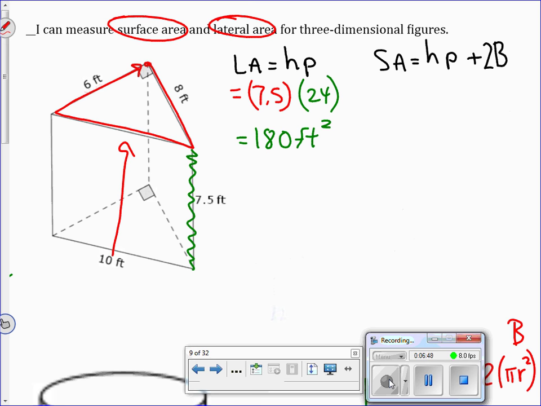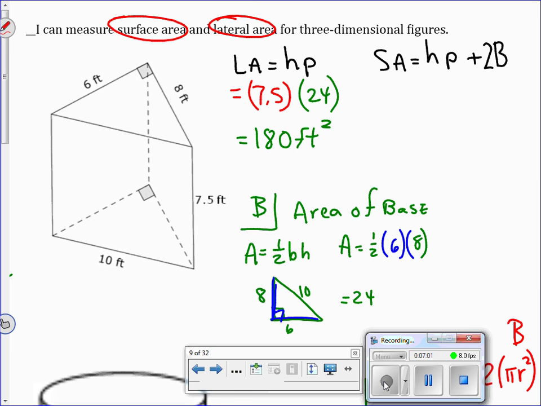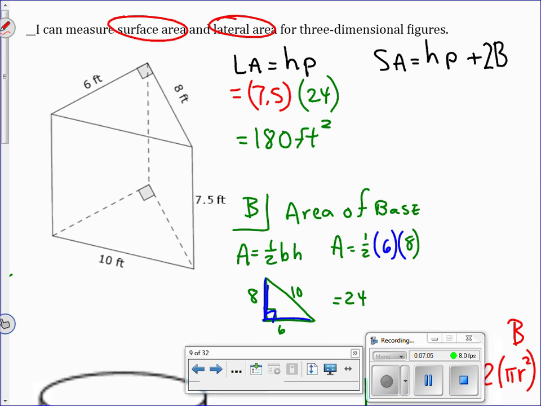Now, the surface area is the lateral area, which we just found, plus the area of the two bases. So to find the base area, we have to calculate the area of a triangle. I love finding the area of right triangles because it's just a matter of using the sides. The area of a triangle is 1/2 base times height.